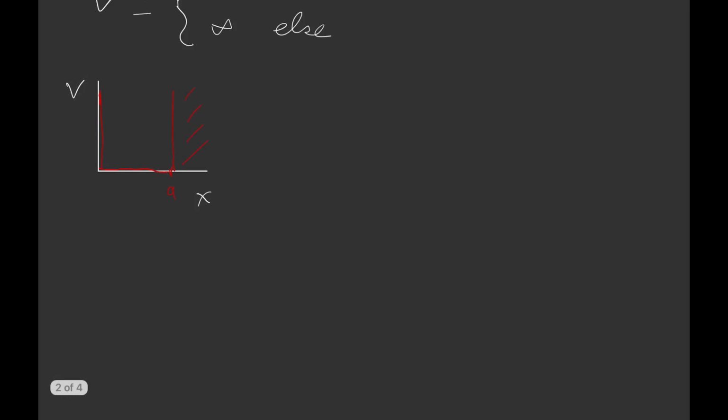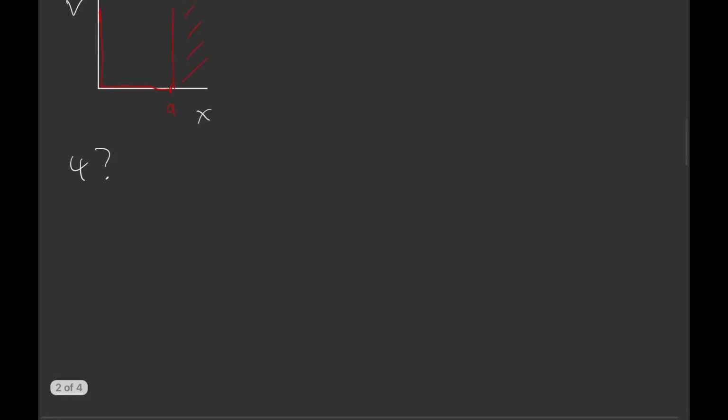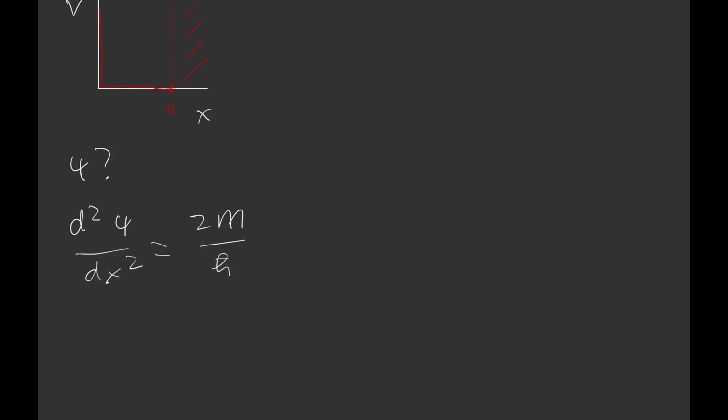So how do we find the wave function psi? Of course, we know that we have to use the Schrodinger equation, which is given as follows. It is equal to 2m over h bar squared times the potential as a function of position minus the energy times psi.